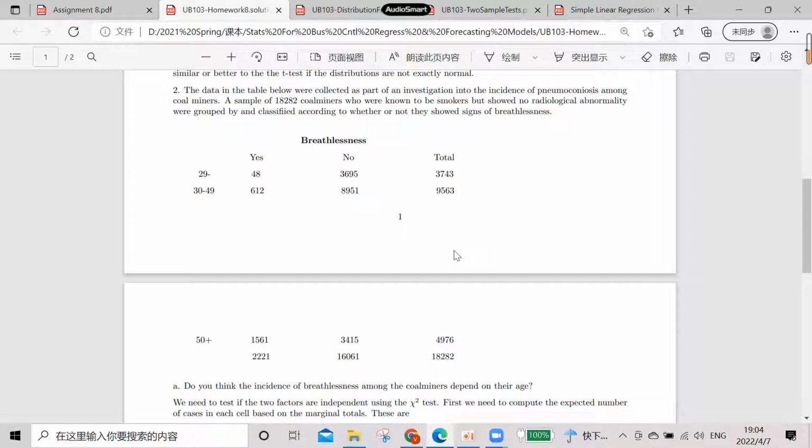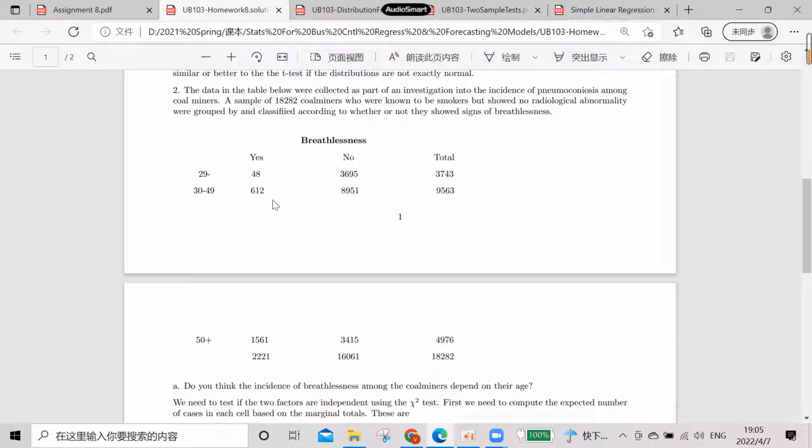Then we compare those two charts to see if there's a huge difference that leads to rejecting the assumption of independence. Right, so now I look at this chart, I don't know if there's any correlation between breathlessness and ages. So first I assume those two random variables are independent.